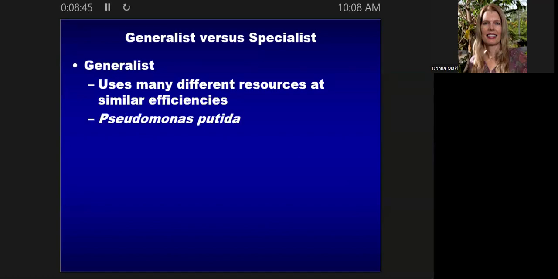You're very flexible. Probably one of the better studied generalists is Pseudomonas putida. This is also a heavily studied microbe for its ability to do bioremediation. It's very good at cleaning up a lot of the toxins that we have put out into the environment over the years. And for Pseudomonas, they don't think of it, so to speak, as toxins. They just say, this is good nutrition for me.